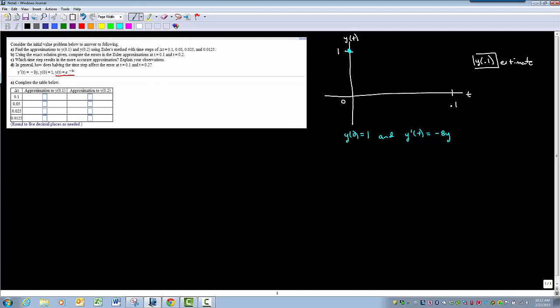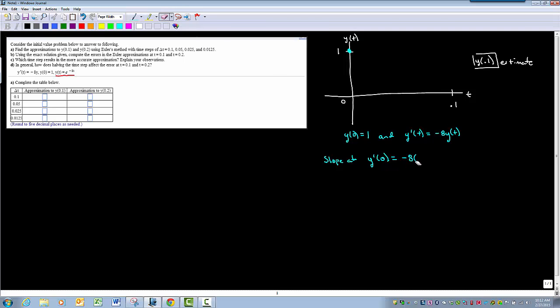So I've got this point. Now the question is, what's the slope here? The slope is given by this equation. The slope at 0 is given by negative 8 times the y value. Probably a better way of writing this is y of t, so it is y of 0.